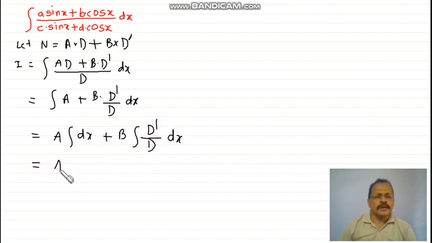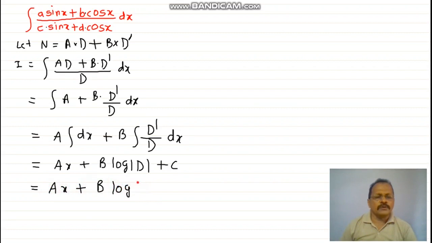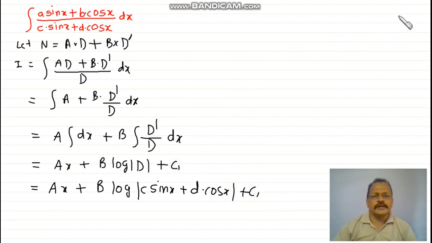This is equal to ax + b log|D| + c, that is, ax + b log|c sin x + d cos x| plus this c I am going to write as c1, the constant of integration.